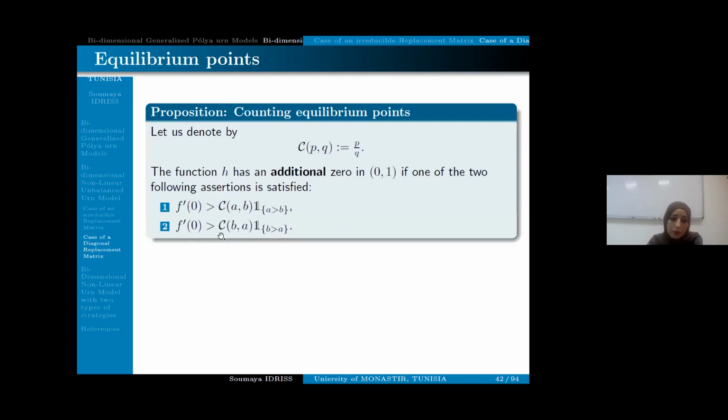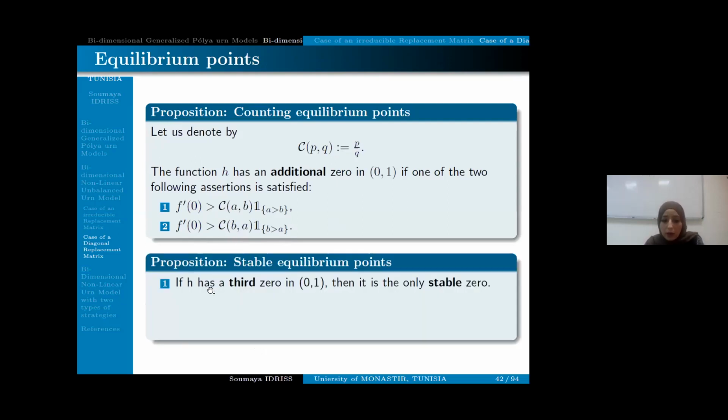So as you can see, these two cases are symmetric. Now, if H has a third zero in the open set, meaning a zero other than 0 and 1, then it is the only stable zero. And if H has only 0 and 1 as zeros, then 0 is the stable one if A is less than B, and 1 is the stable zero if A is greater than B.